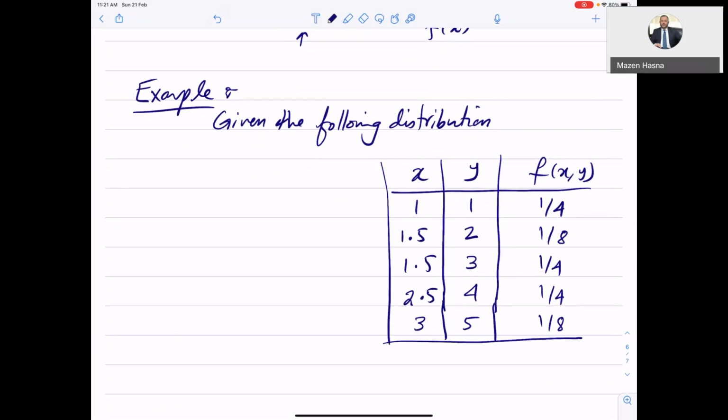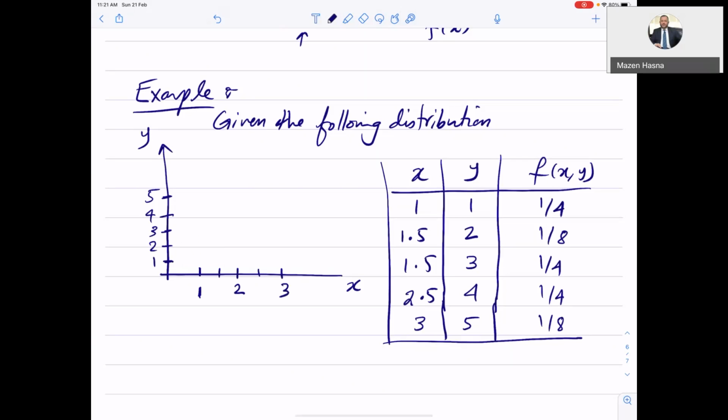In this case, if you want to plot it, we can plot it. This is x, this is y, and y can be 1, 2, 3, 4, 5, and x can be 1, 2, 3.